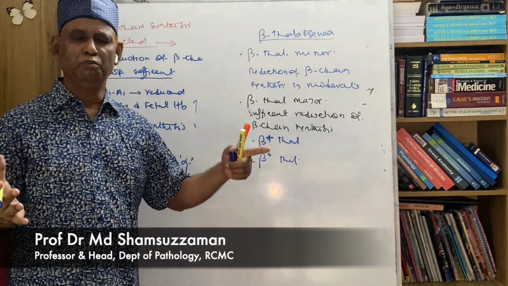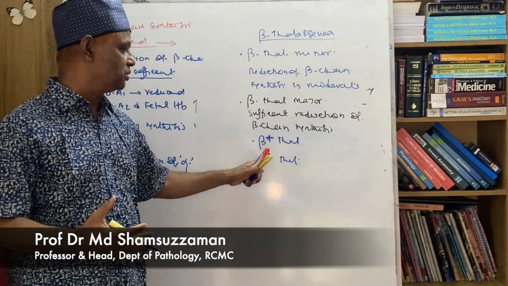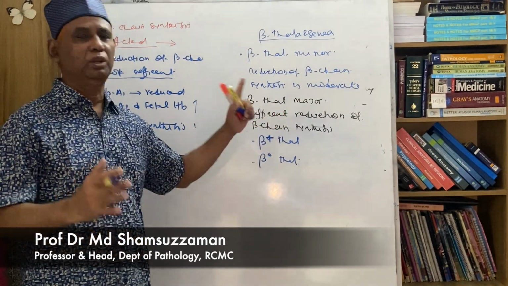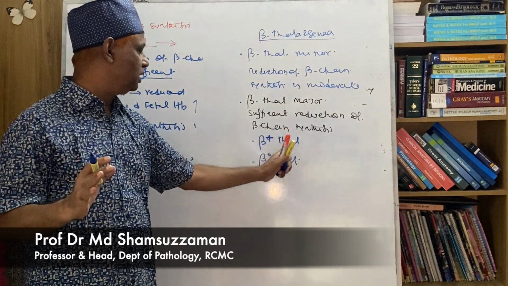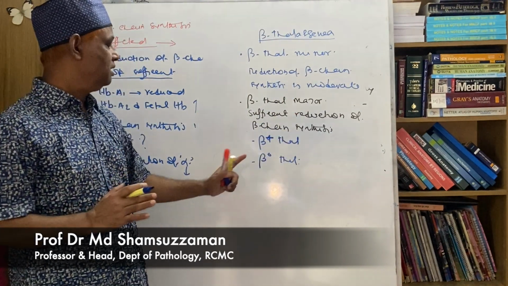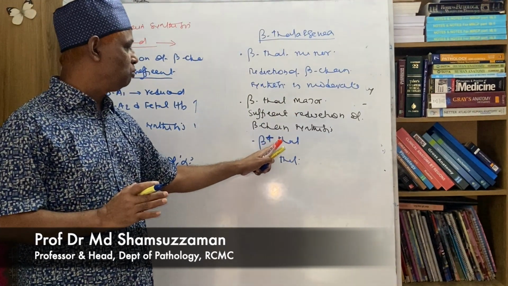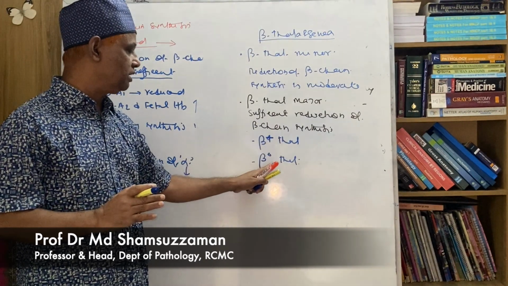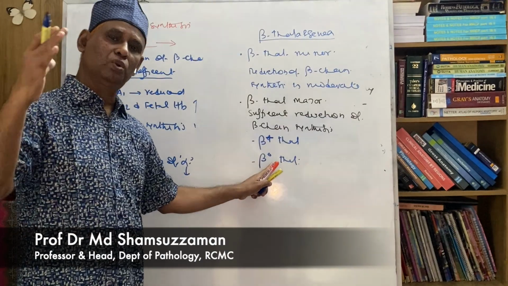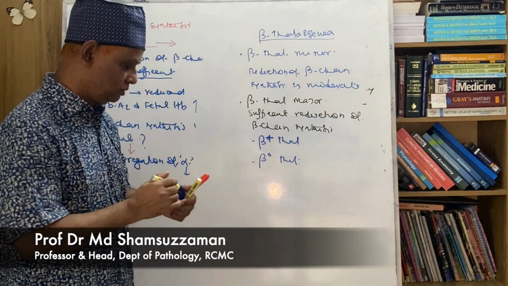But sufficient, not almost nil, it is called beta plus.